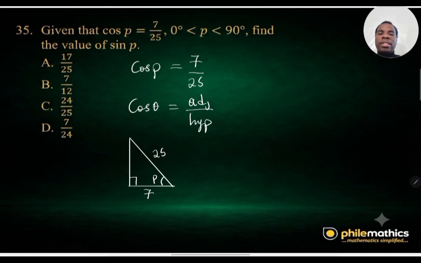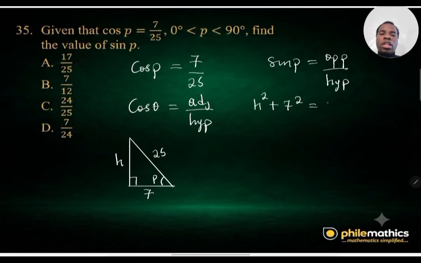For us to get sin P, which is opposite over hypotenuse, we need to know what this is. Let's call this H. We have to use Pythagoras theorem to find what H is. We know from Pythagoras theorem that H square plus 7 square should give 25 square.